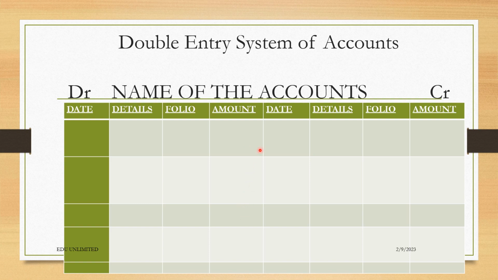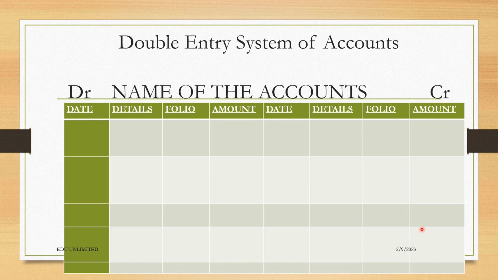So we are finished with this side, and now we look at the credit side. On the credit side, there's a column for date. Beside the column for date, there's a column for details, also called particulars. Beside the details column is a column for folio, and beside the folio column is a column for amount.